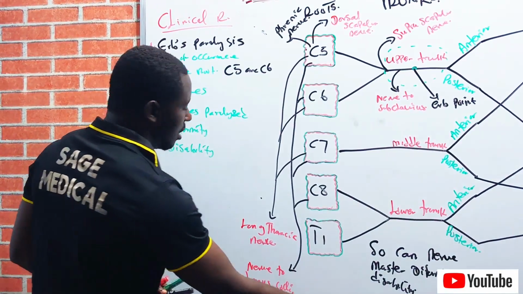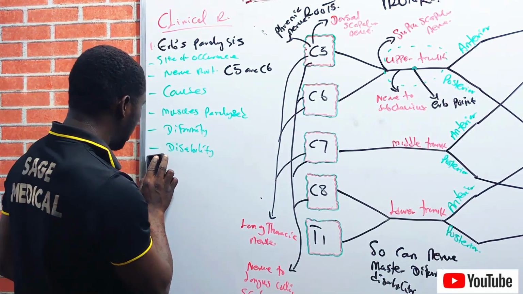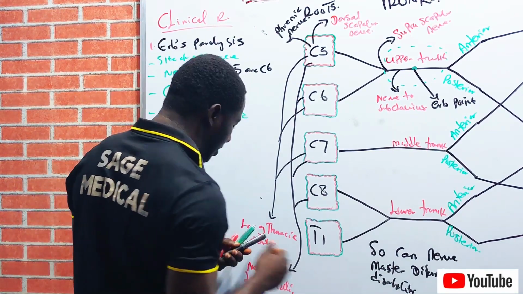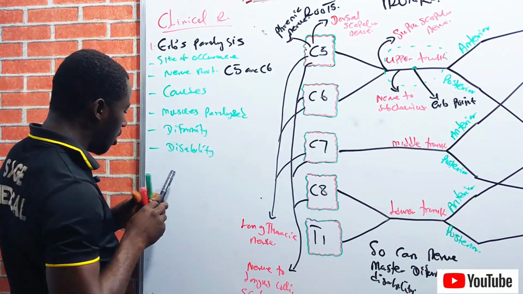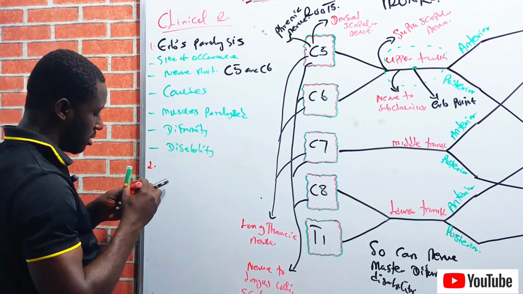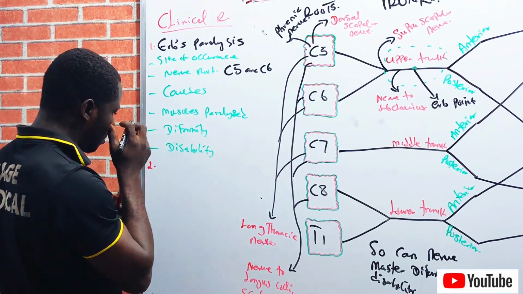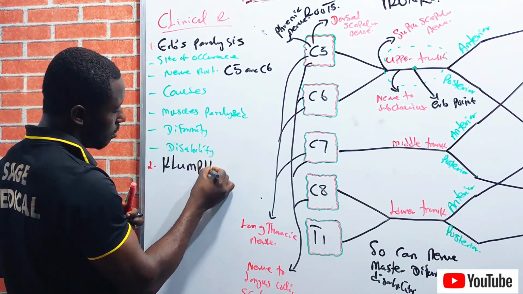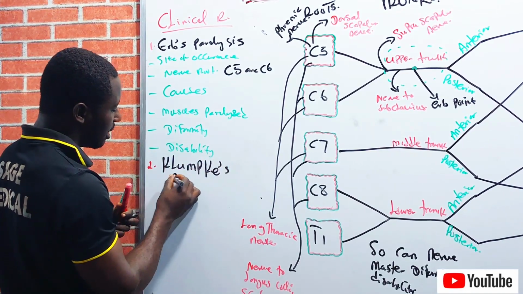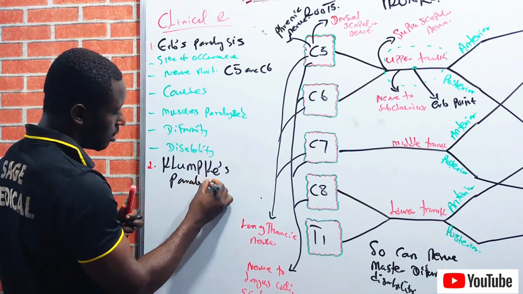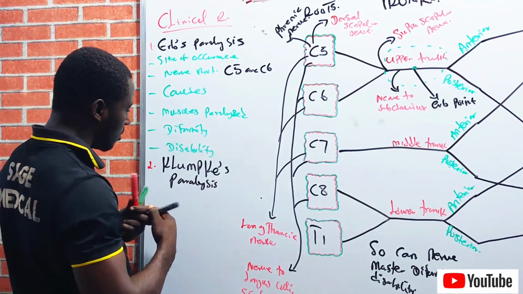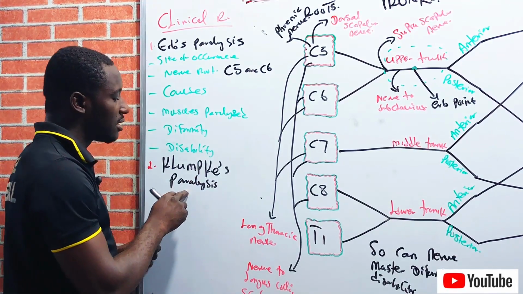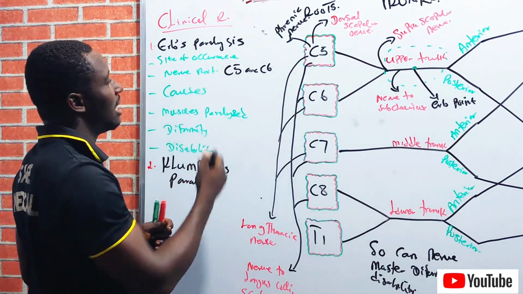Now, let's delve into the next one, which is Klumpke's paralysis. Okay. Klumpke's paralysis has the same outline as Erb's paralysis.